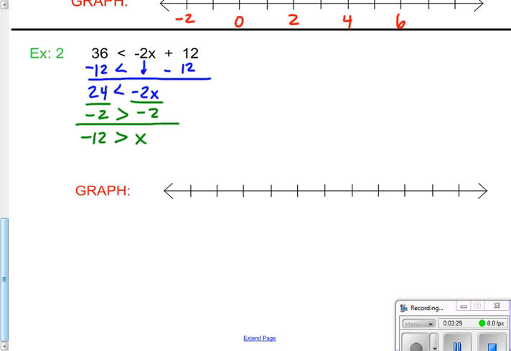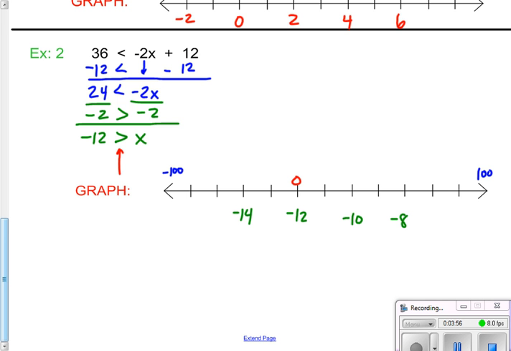Same thing. Go ahead and fill in a number line. On negative 12 there, look at our inequality sign. Our inequality sign is a greater than sign. So that means it is an open circle, meaning the value is not included. And then you use the same technique. Way down here on the right, 100, negative 100.